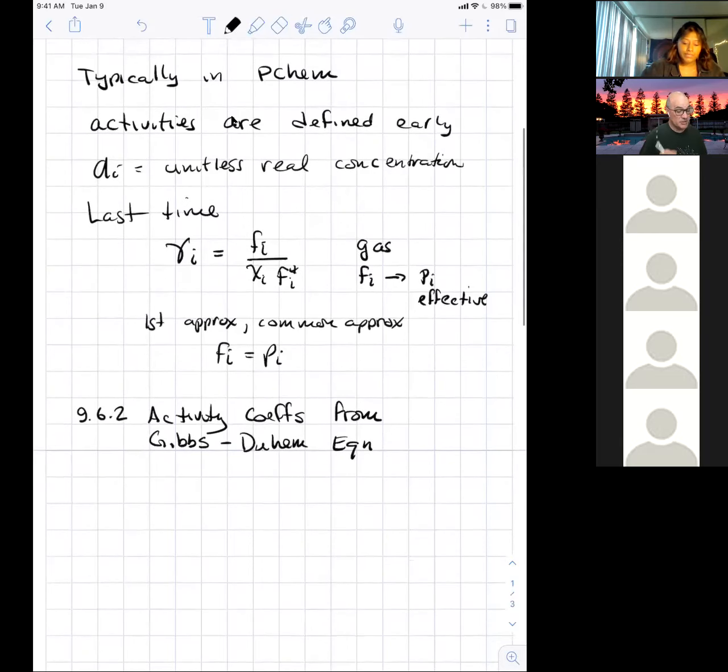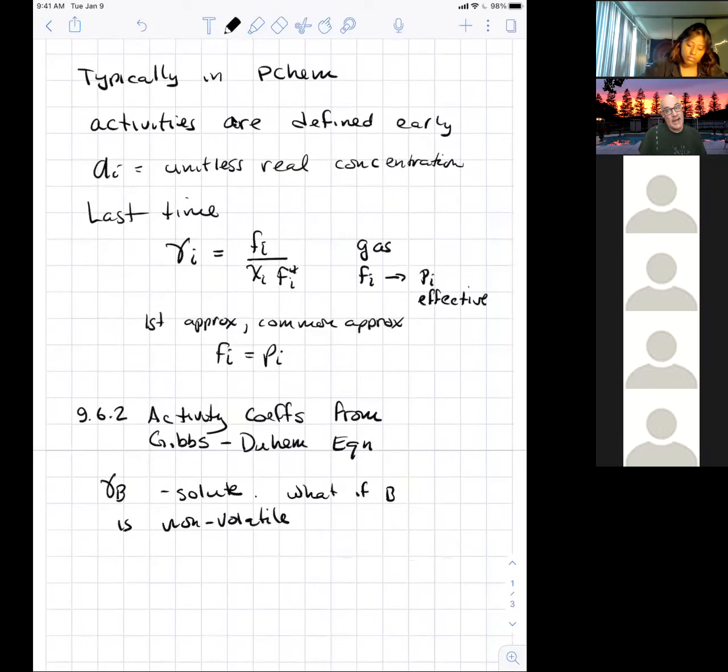The Gibbs-Duhem equation is a very, very powerful equation that relates the chemical potentials. So let's think about the activity coefficient of B. This is the solute, right? What if B is non-volatile?